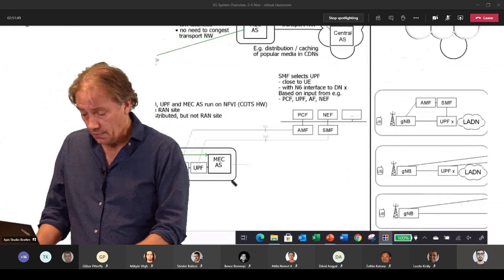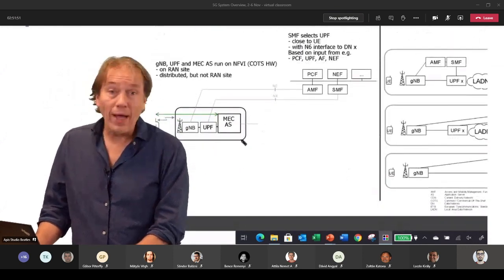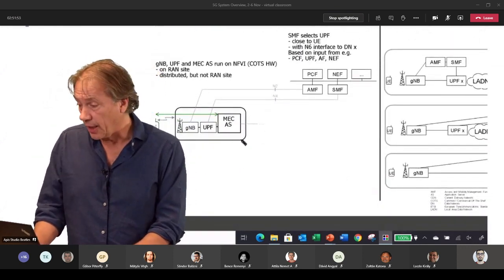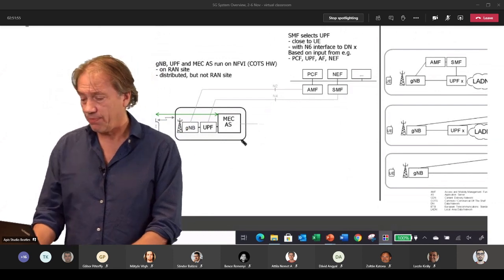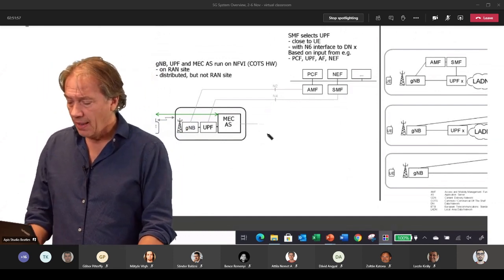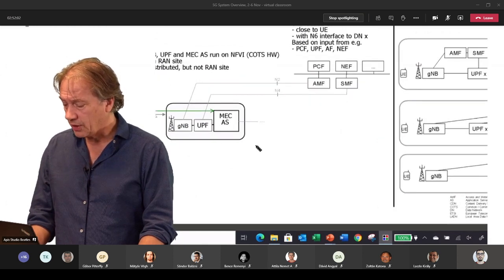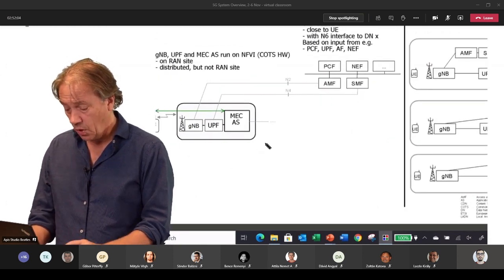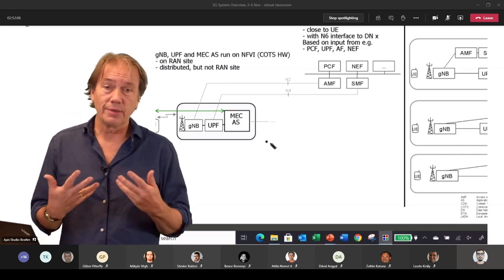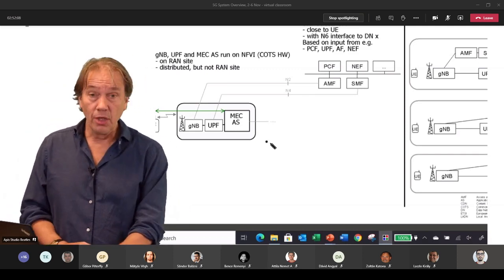So when and why is this a good idea? For instance, information content which is by nature local.